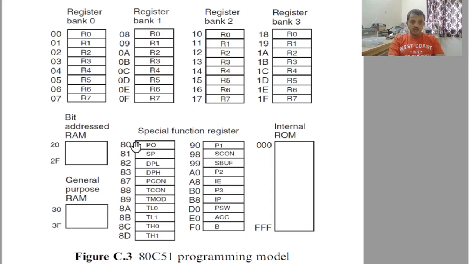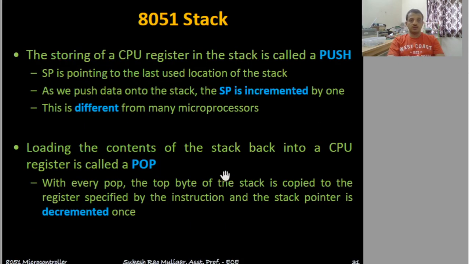See here, this is supposed to be 7F actually, 30 to 7F. Once it ends at 7F, the next value starts at 80H, and so on it continues into the SFR. So this is how it is organized.